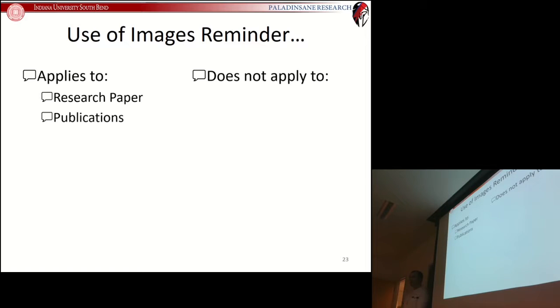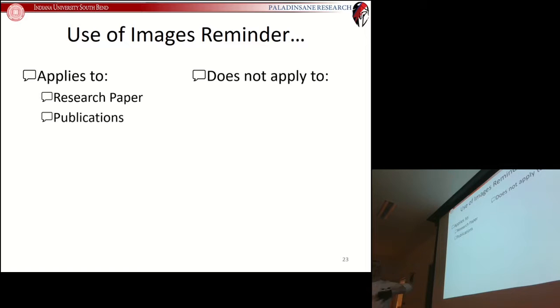So for your research paper, if you were to submit it to a journal, they would ask you where your images came from. You would have to provide citations or a statement that I own the copyright for these images. Or if you got permission from people that own the copyright, they would need that in writing as well.